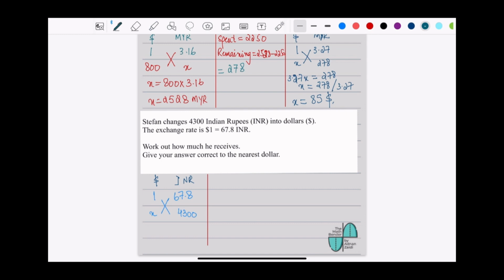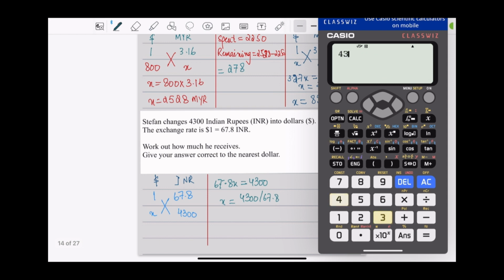Now I can write this as 67.8x is equal to 4300, and x is equal to 4300 over 67.8. So x is going to be $63.42. To the nearest dollar is going to be 63, rounding it off.